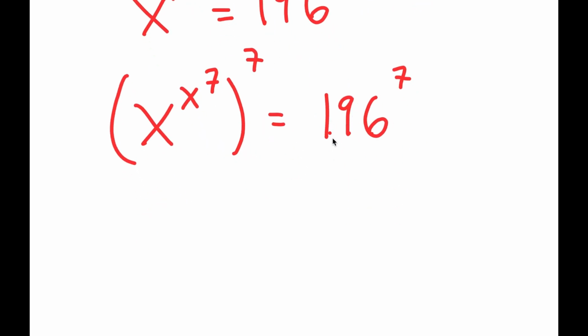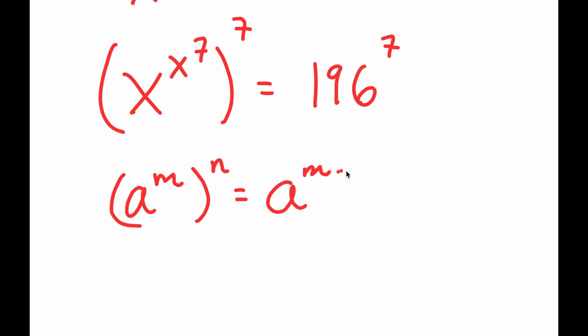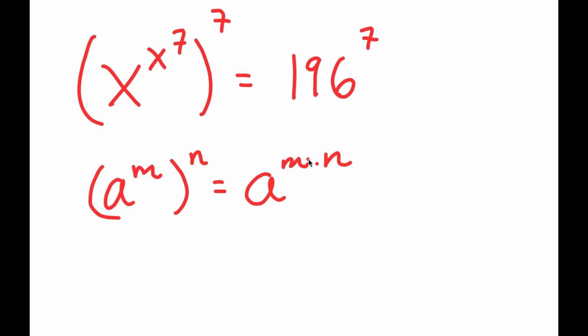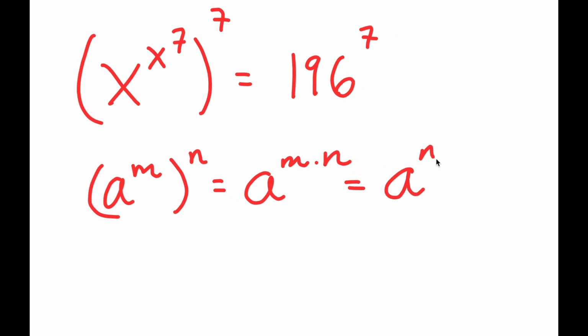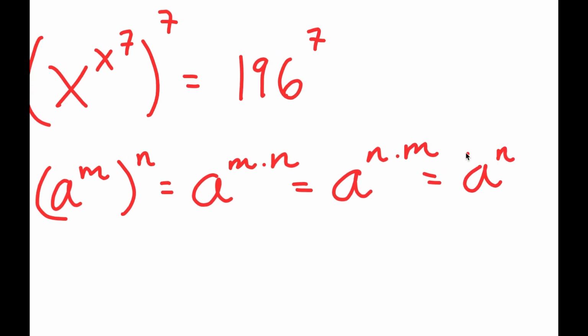Now, from here, if I have something in the form a to the power of m to the power of n, this is equal to a to the power of m times n. However, a to the power of m times n, I can also rewrite as a to the power of n times m. And this should equal a to the power of n to the power of m.